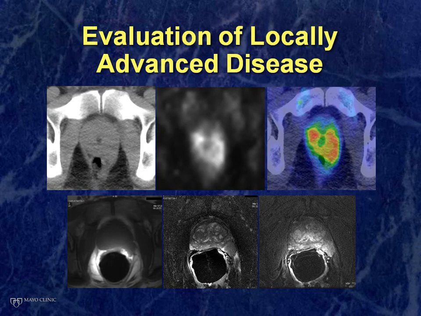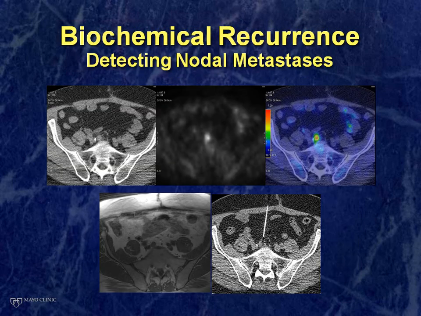So with prostate cancer, we're looking at many features with a radioactive choline. In this case, how advanced is the disease in and around the prostate? Has it spread outside of the prostate like this one did into the seminal vesicles? How advanced is that?